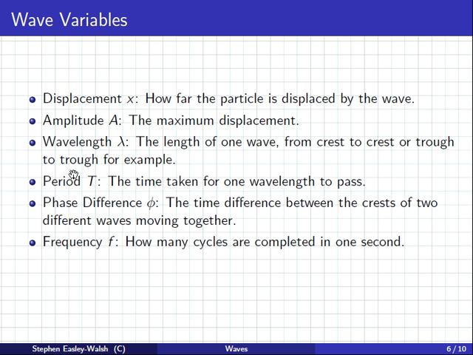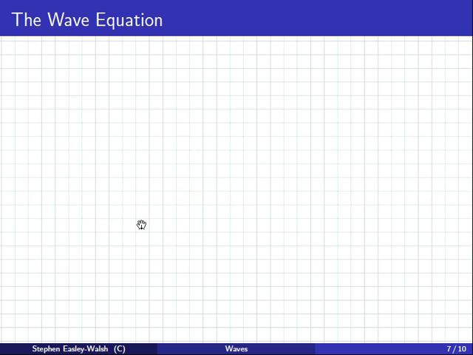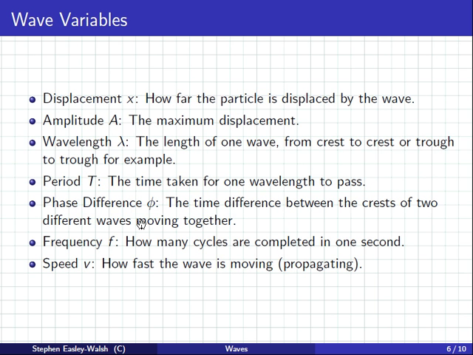I think all of these are pretty clear, except maybe phase difference. How much time does it take to go from crest to crest? No, that's the same. That's period, actually. So there's something a little different. Oh, and sorry, speed, v. How fast the wave is moving. Meters per second, yeah.